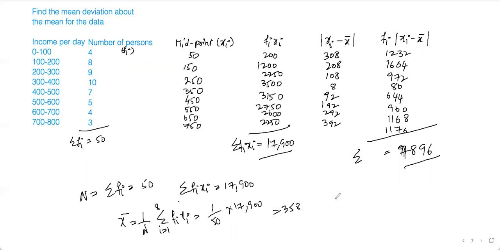And the mean deviation is 1 by n times the summation of fi mod xi minus x bar, so 1 by 50 multiplied by 7896, which would be 157.92.